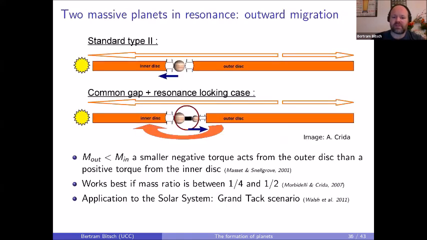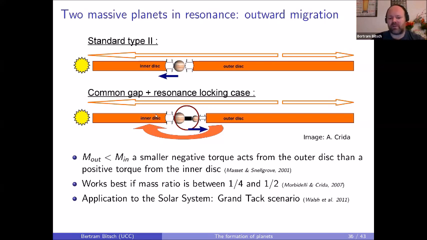There's actually a process that allows you to do exactly that. In a classic protoplanetary disk, Jupiter would open a gap, and then it would be locked inside this gap and move inward due to the exchange of angular momentum between the gas disk and the planet. But now, if you have two planets, let's say Jupiter and a smaller version of Jupiter, Saturn, in a common gap, then they can reverse the direction of migration.